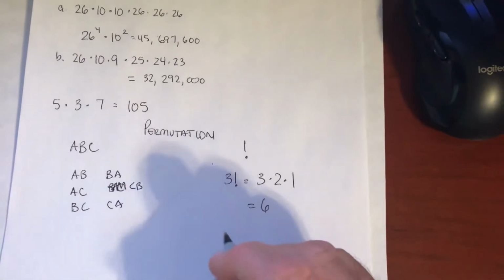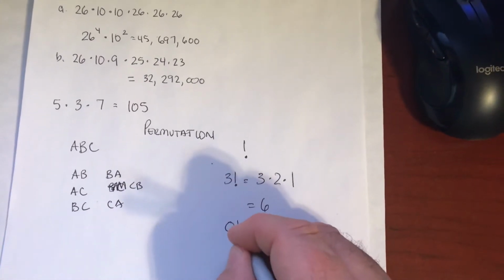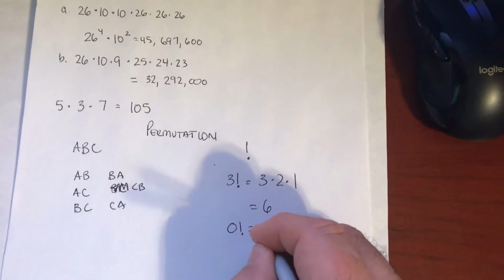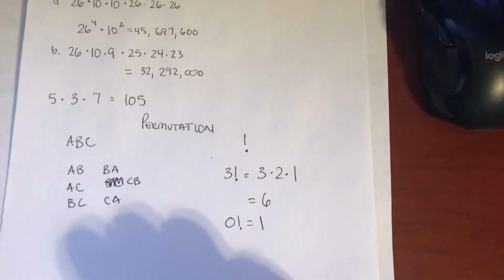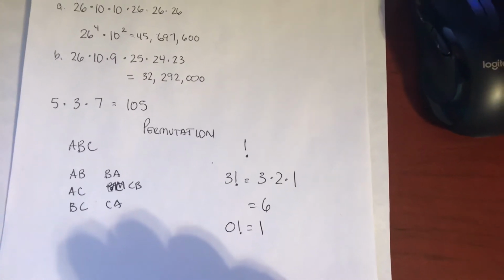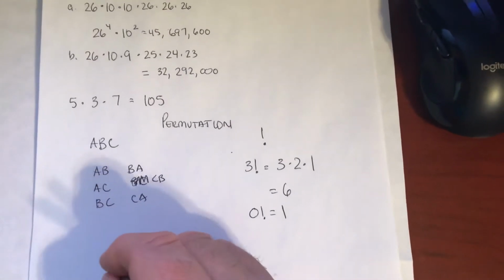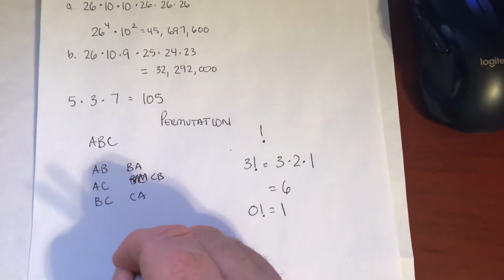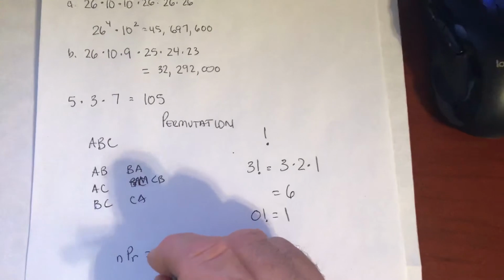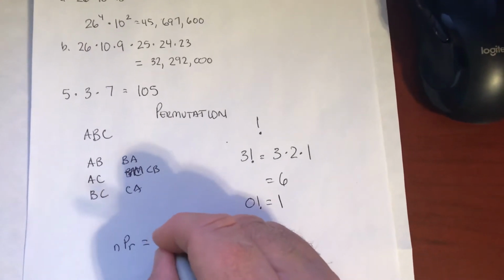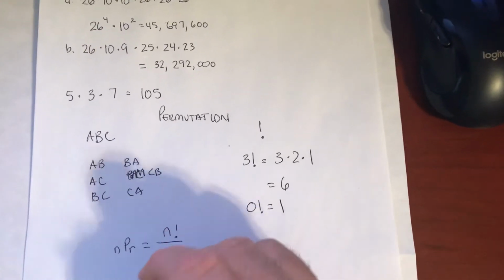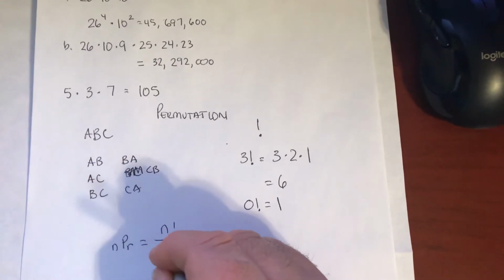Now there is one special definition, and that is 0 factorial is equal to 1. That's the special definition of factorial. Now the permutation, nPr, uses factorial. It's n factorial over (n minus r) factorial.